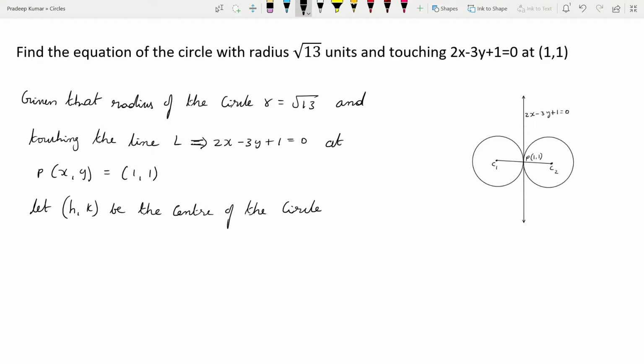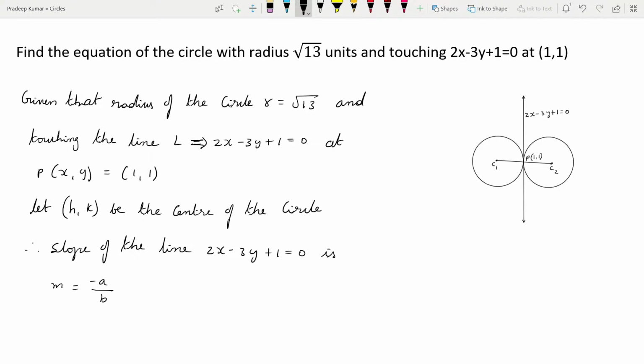So now let's find the slope of this given line. Slope of the line 2x minus 3y plus 1 equal to 0. Whenever we have to find the slope of a particular line, m is equal to minus a by b.